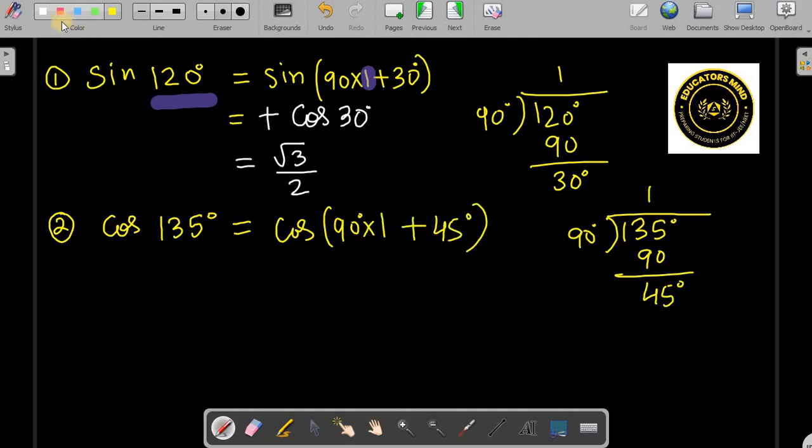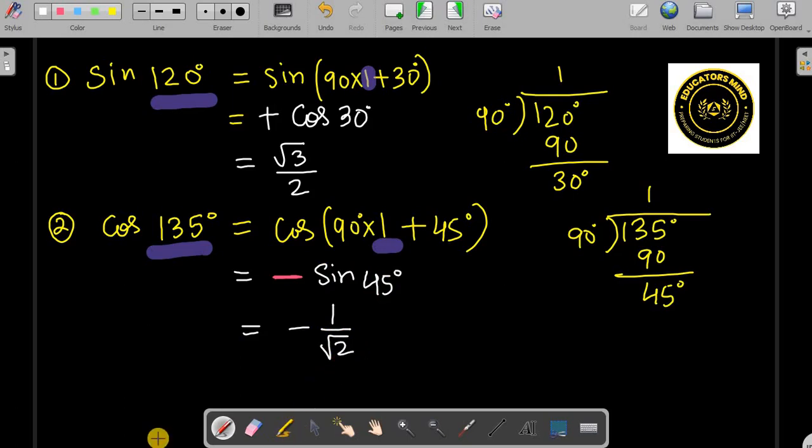Now you see here, this is in the second quadrant, and cos is negative, so you put the negative sign. First you put the sign. Then again this is an odd multiple of 90, so cos will convert into sine. The angle is 45 degrees, so minus sine 45 degrees, which is minus 1/√2. This is how we can decide it.